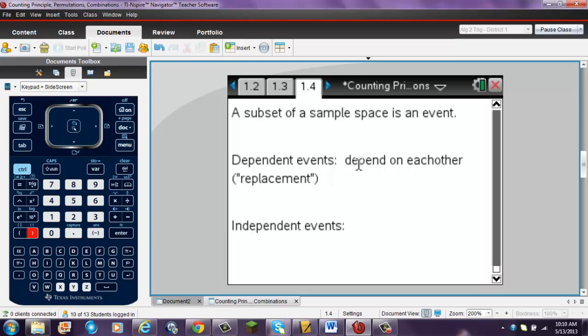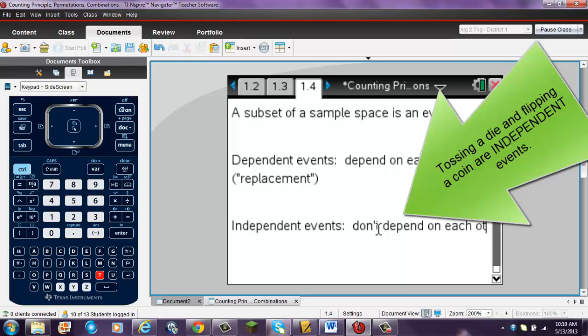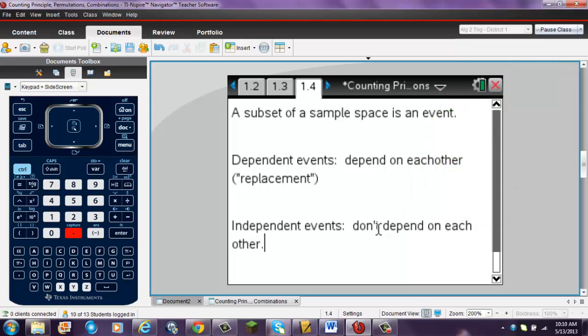So those are considered dependent events. Independent events don't depend on each other. Independent events are crucial in statistics courses later on, and we can only do most of our statistics if our events are independent. So 2 different definitions for you to kind of start thinking about.